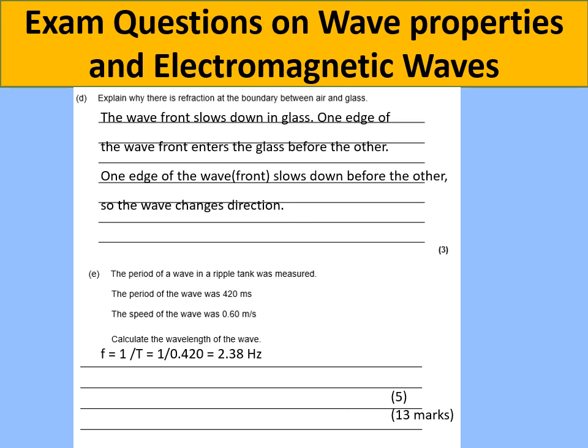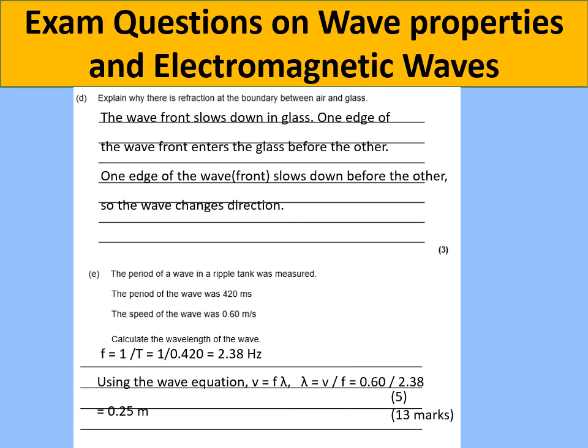Before we use the wave equation, we've got to use the equation linking frequency and time period. So f is equal to 1 over T, which gives us 1 over 420 milliseconds. Converting the milliseconds to seconds gives us 0.420, and we get our value for frequency of 2.38 hertz.